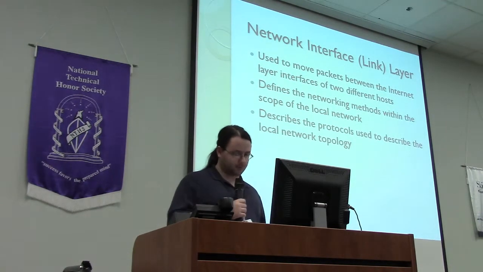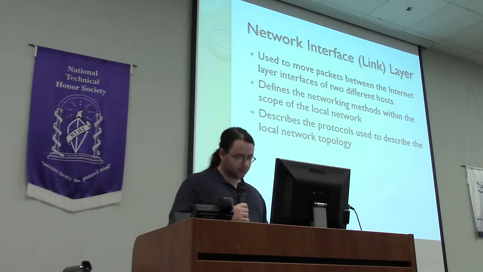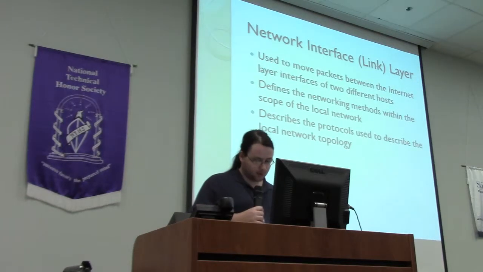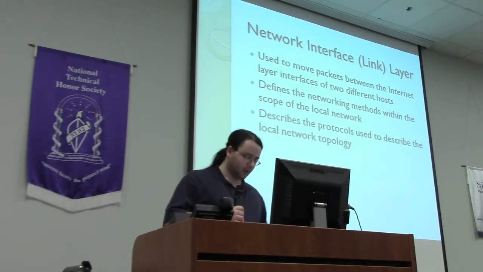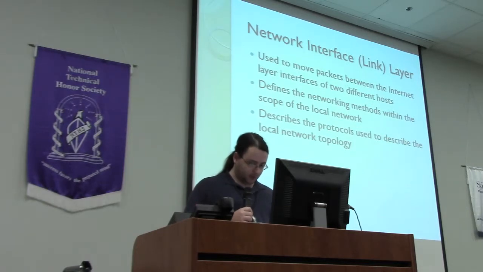So the network interface, the link layer, is the lowest component of the internet protocols, as TCP/IP is designed to be hardware independent. As a result, TCP/IP may be implemented on top of virtually any hardware networking technology. The link layer is used to move packets between the internet layer interfaces of 2 different hosts on the same link.